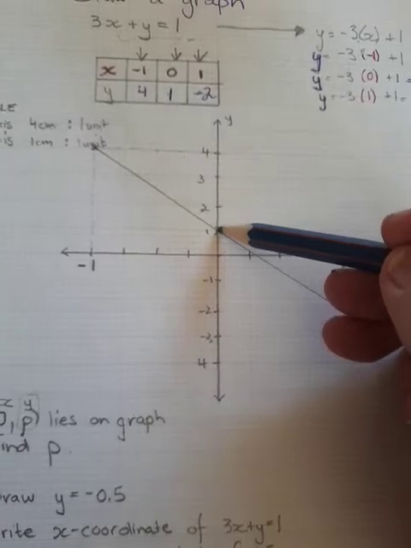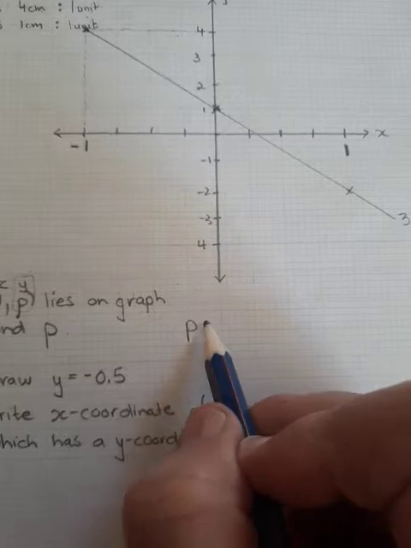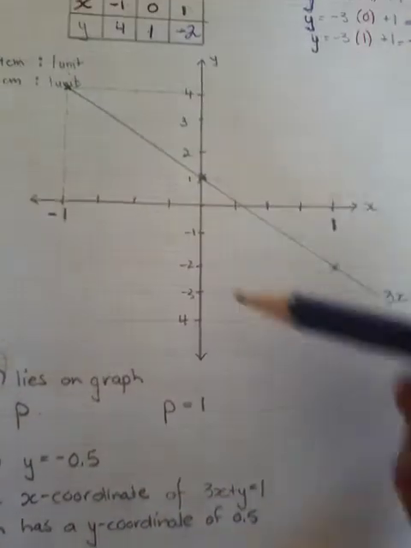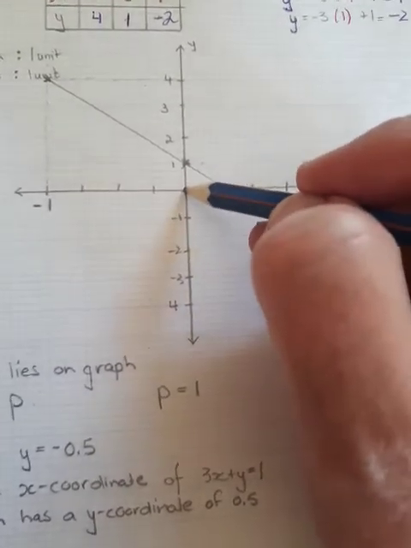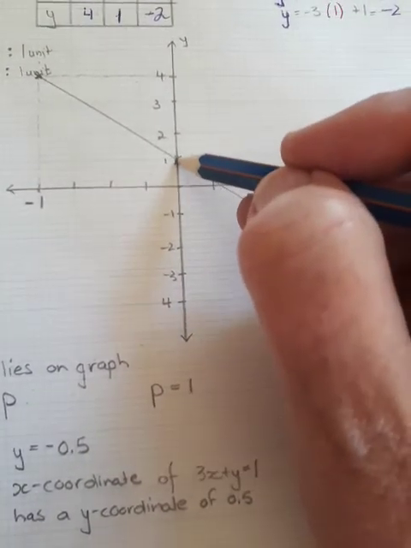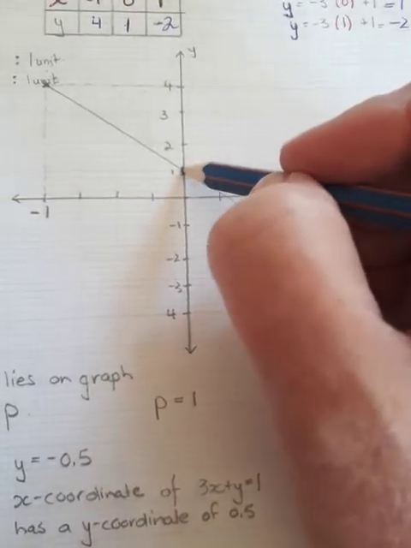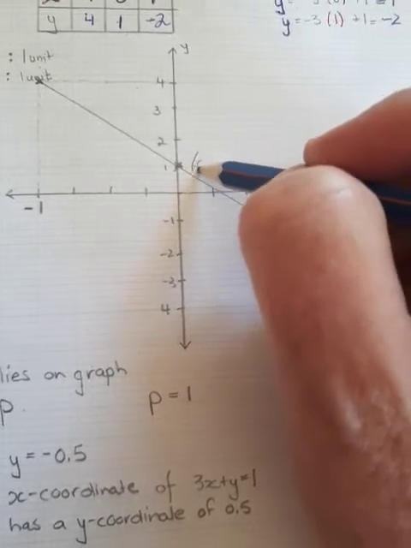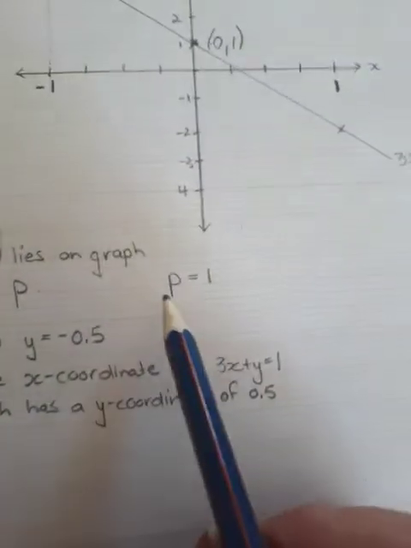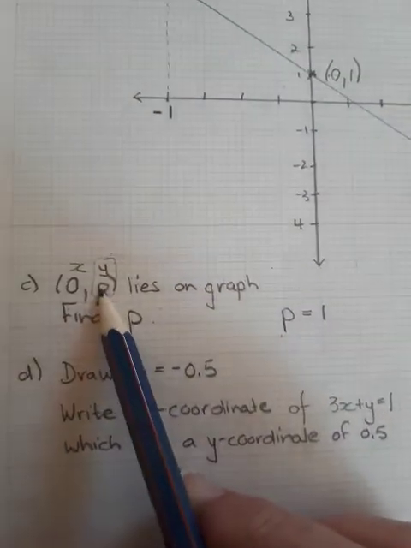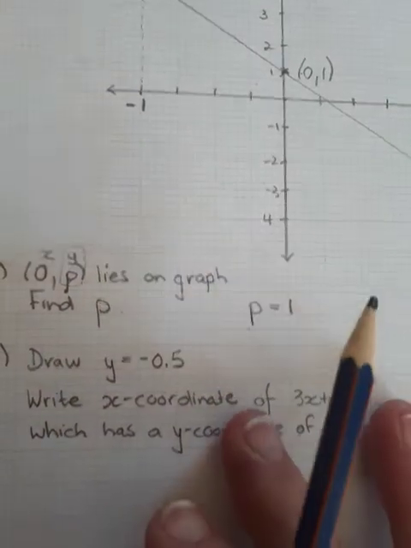Now, in this case, it is at 1, so the value of p will be 1. This point is 0 and 1. So therefore the p, which stands in the place of the y coordinate, equals 1.